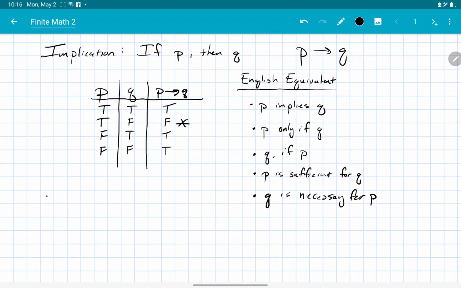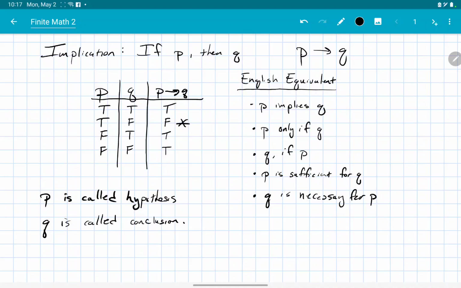And in the implication, P is called the hypothesis, and Q is called the conclusion. So another example of a statement: if the president dies or becomes incapacitated, then the vice president becomes president, right?